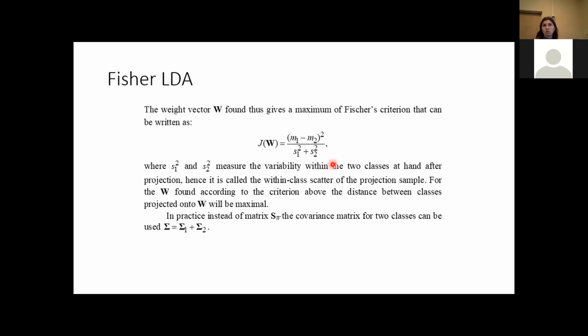If you have this value, for example, 10, you couldn't say whether it is good or not. It depends on the data, but you may compare: if you have 10 and 15, then the feature with criterion 15 has better separability on this parameter than the parameter with the value 10.